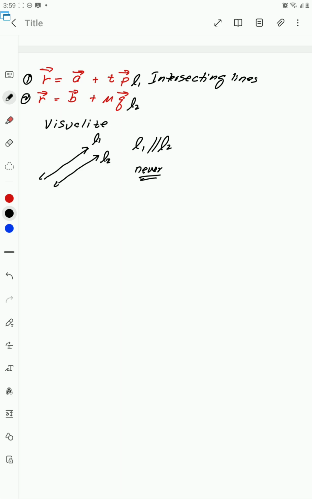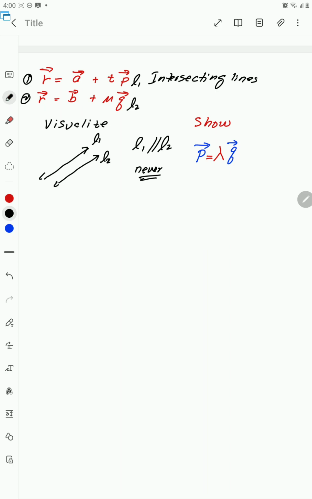And how would you know whether they are parallel or not? You need to look at the direction of the first line, and the direction of the second line. And then you need to show that there is some number lambda that can actually make them equal with each other. So this is the way how you're going to show it.